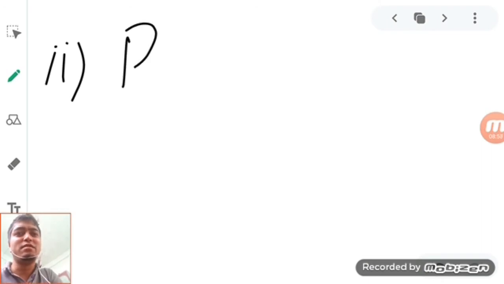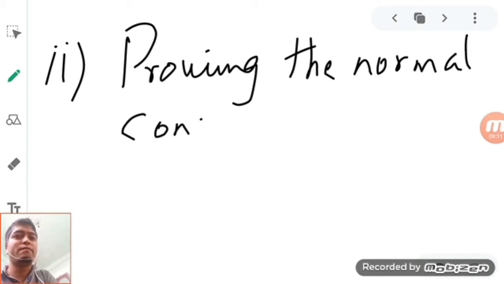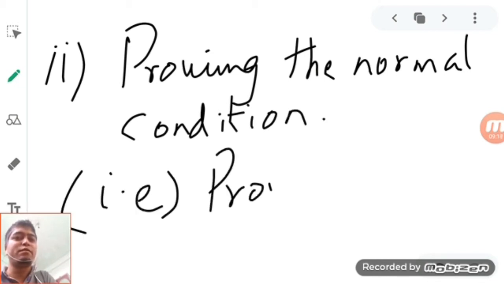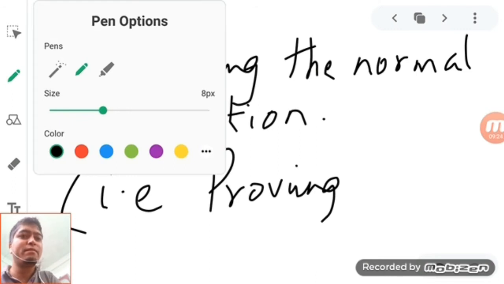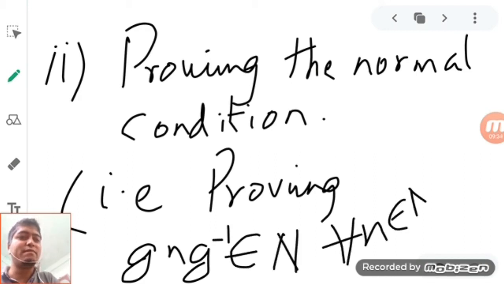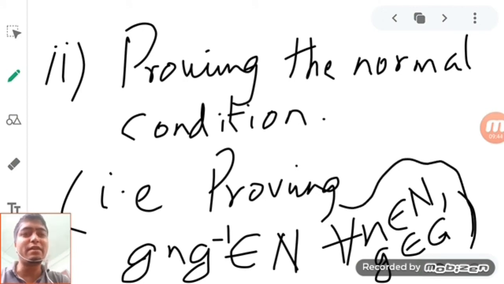The second condition is proving the normal condition, that is, proving that g n g inverse belongs to N for all n belongs to N, g belongs to G. If you have to prove something like this, you have to assume the given and get this.